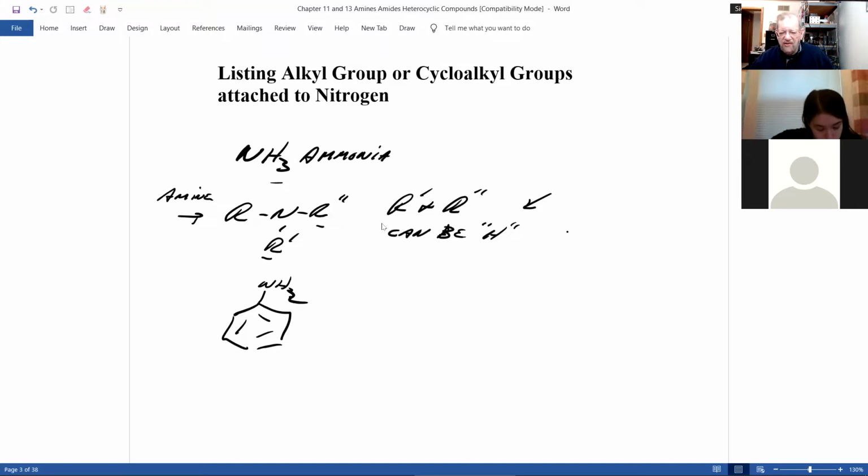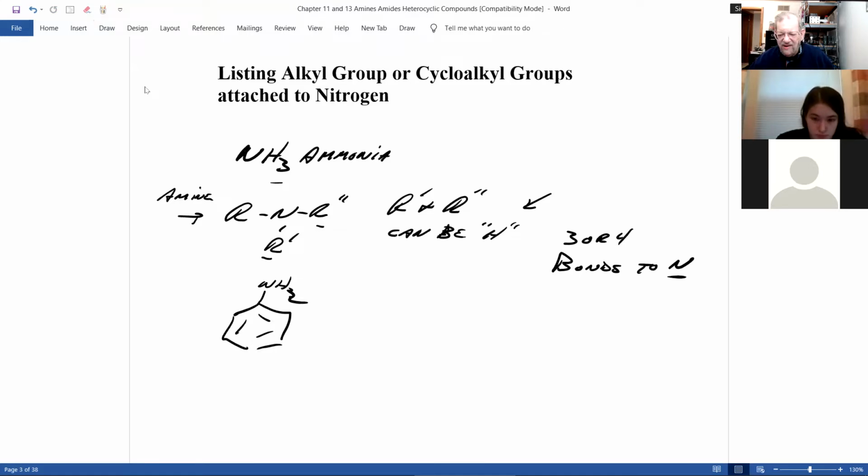Remember, there's 3 or 4 bonds. Having trouble with my B's today. I don't know why. Maybe I need a new tip on my stylus. I've got to change it. That's better.